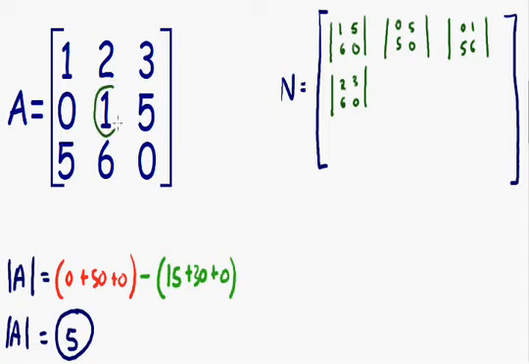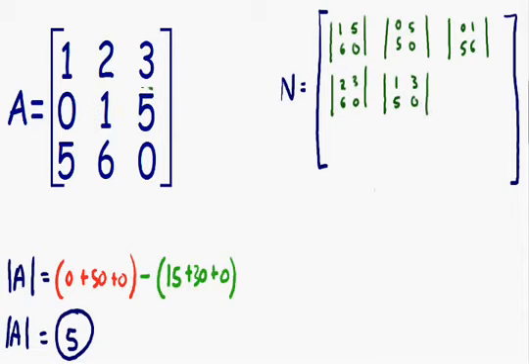So now let's do the same exact thing for our middle number, which is 1. I'm going to cross out the row and the column of this number 1, and we're left with the 2 by 2 matrix 1, 3, 5, 0. So I'm going to copy that 2 by 2 matrix in the middle, 1, 3, 5, 0.